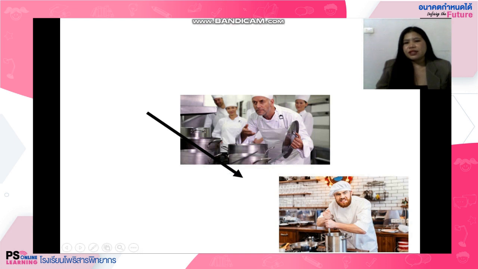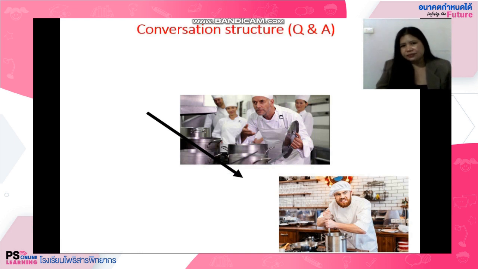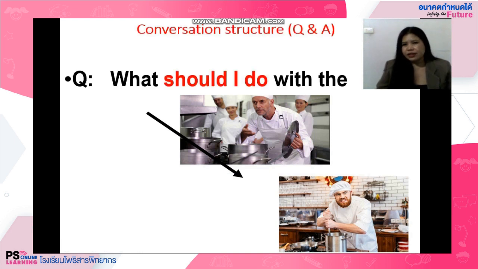Another example. Look here. This time it's soup. The soup is in the pan. So the question is, what should I do with the soup? Look at the action. What is the action here?